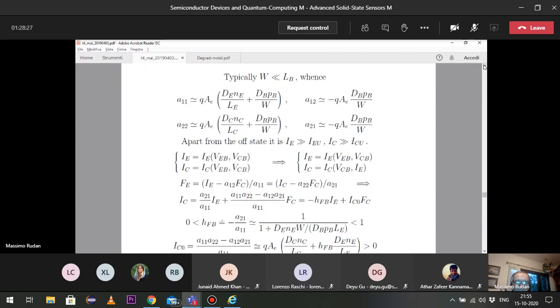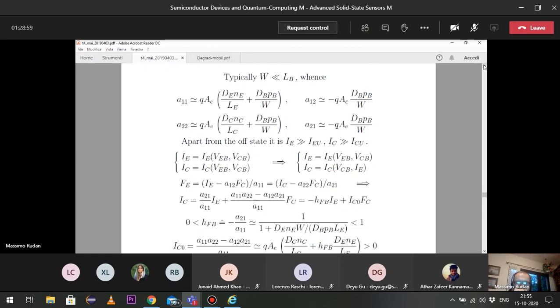When we consider all the remaining 3 operation regions, saturation, normal, or inverse, there is at least one current that is large because at least one of the 2 junctions is forward biased. When there is one current that is large, okay, the other current also is large. So if the emitter current is large, we shall see in a minute also the collector current is large, okay?